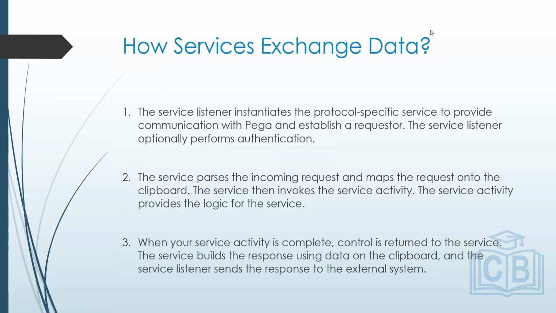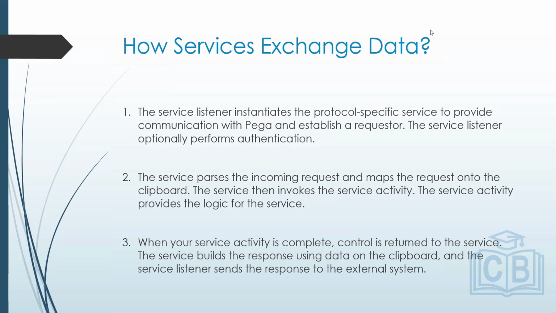Look at this. I told you we'll be talking about some new rule forms today. So basically what happens is your request is received. The request could come from any other external application. The request is received and processed. And whatever request parameters you have, for example, you should send customer data as a response.